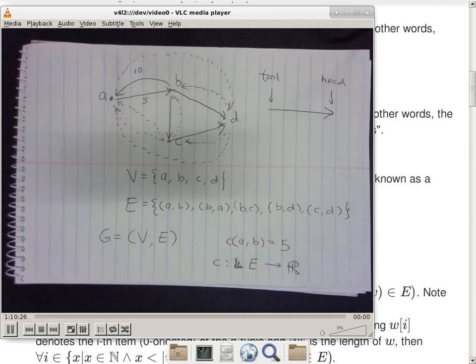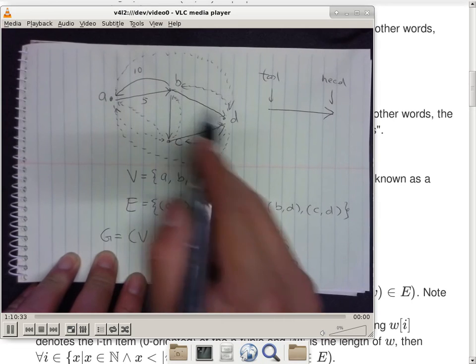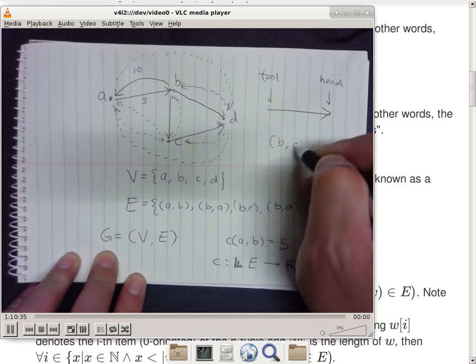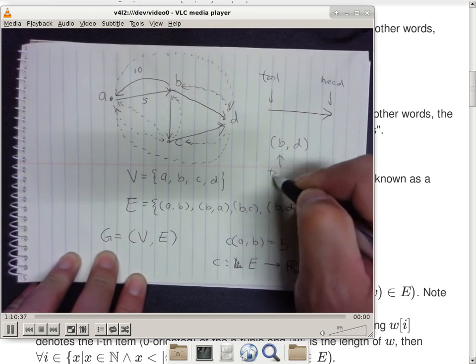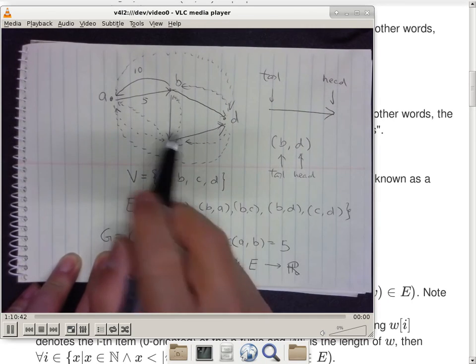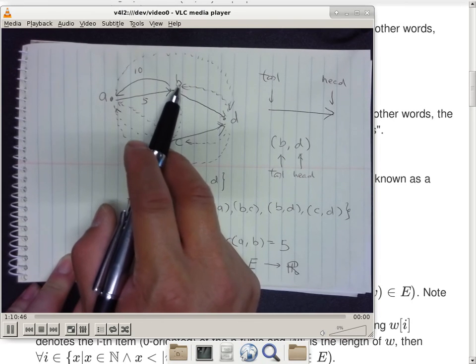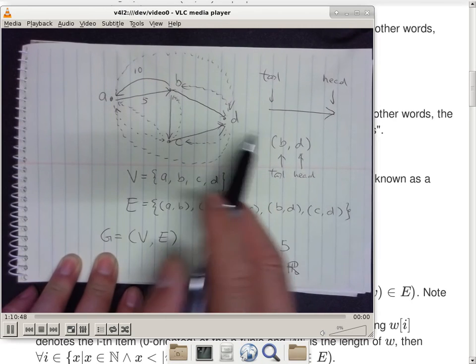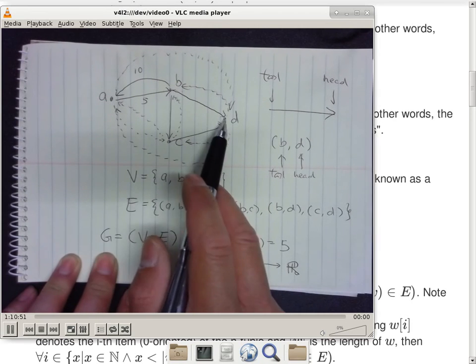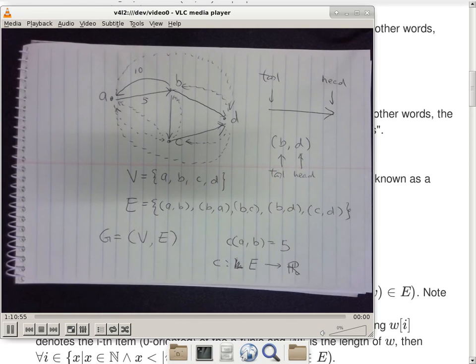So in the case of edge BD, B is the tail and D is the head, because when we draw the edge, we draw it as an arrow going from B to D. B is the tail of the arrow and D is the head. Just terminology more than anything else.